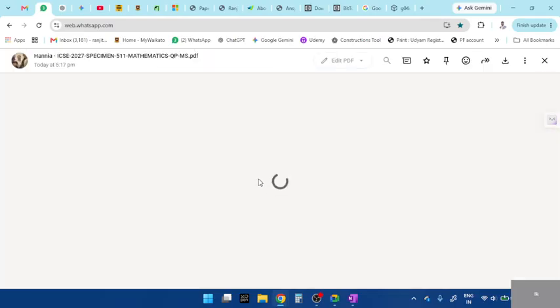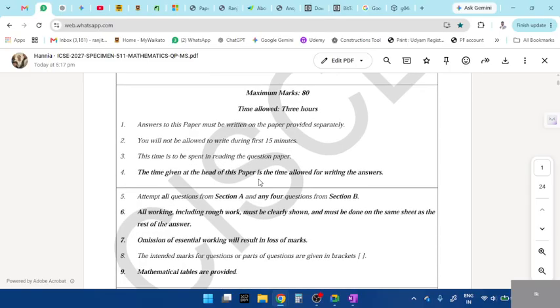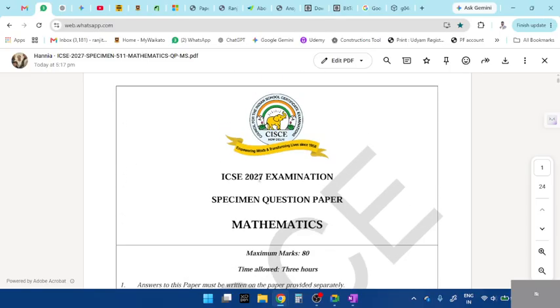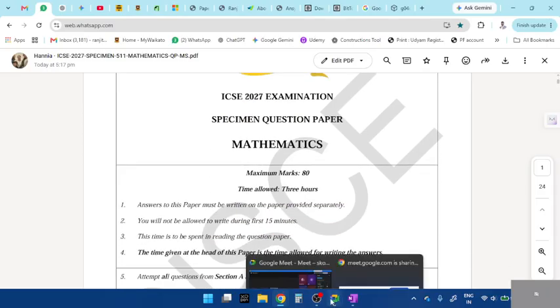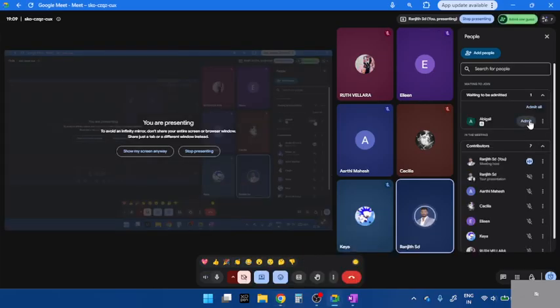Specimen paper. Can you see the screen, all of you? Specimen means it's not the same questions, but a similar type they might set. Specimen is just for reference, like a model paper. I think everything is the same as last year, I went through that.